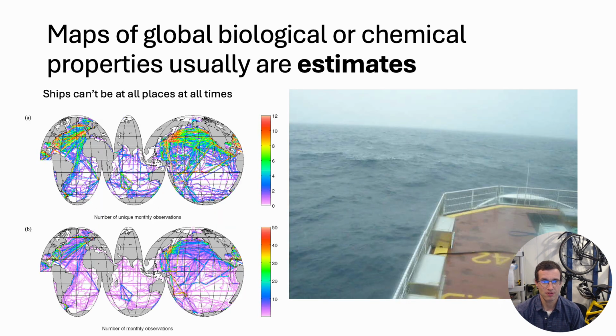And to give a sense of what sort of observational density you get from ships, the maps I have on the left here are maps of surface ocean pCO2 observations. These are unique monthly observations on the top and total monthly observations on the bottom over the last 4 or 5 decades.